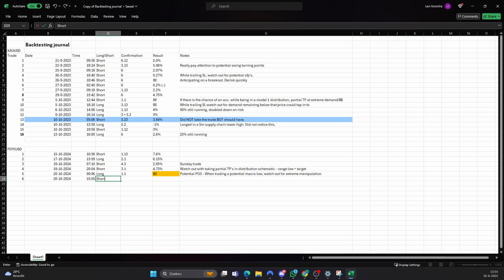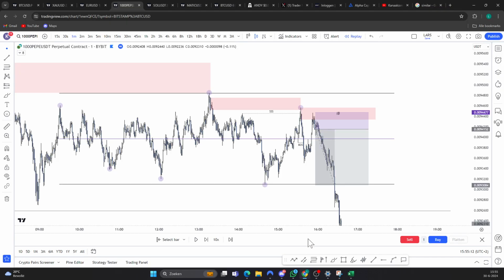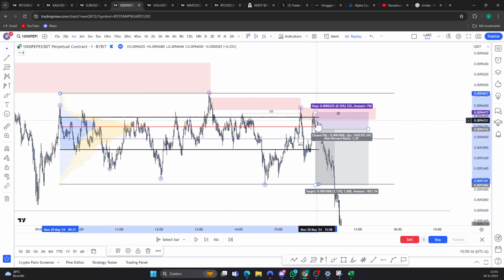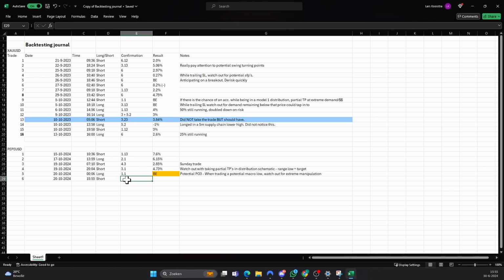A short, and then let me check the entry model real quick just to be sure. We had a Wyckoff Model 2 distribution. 3.1.